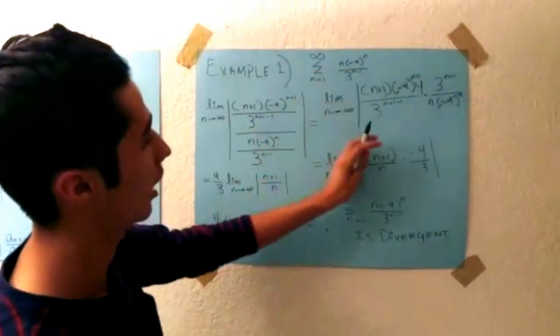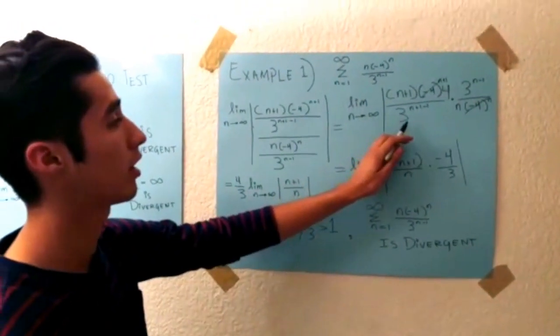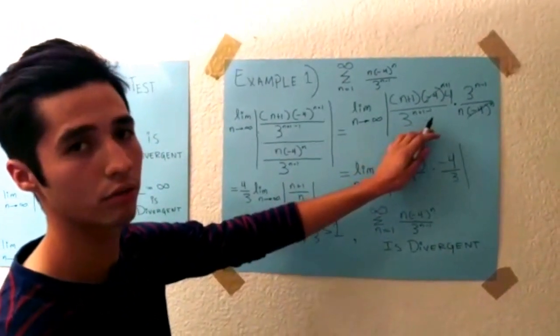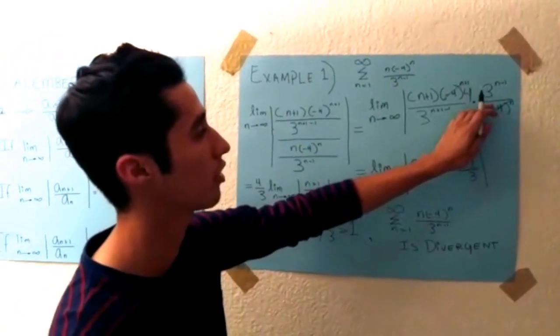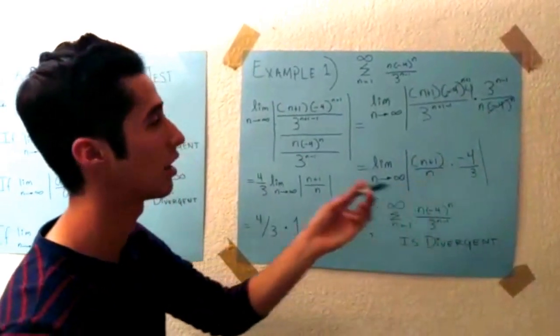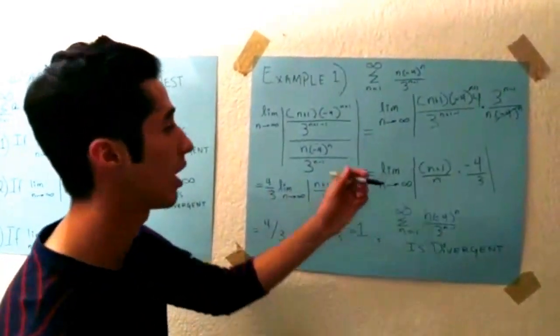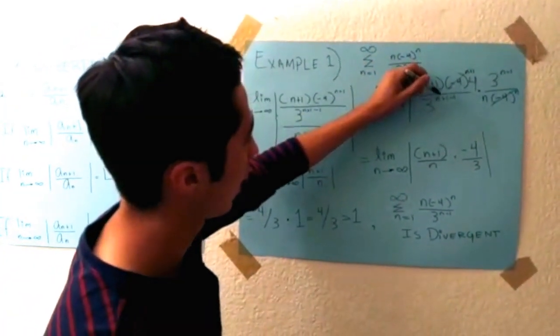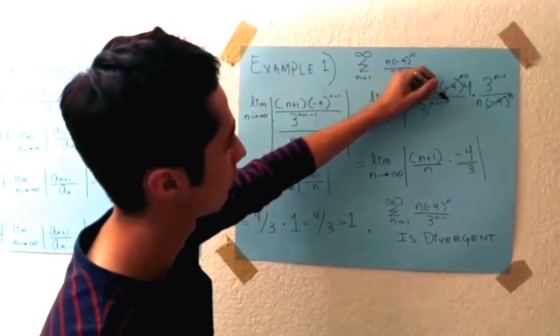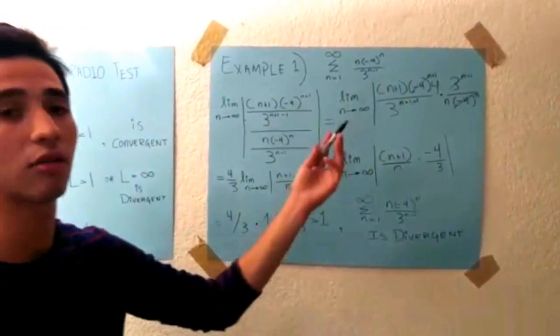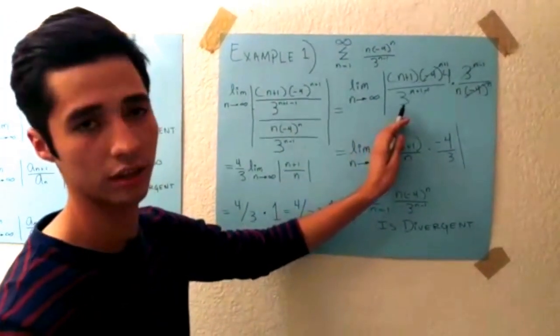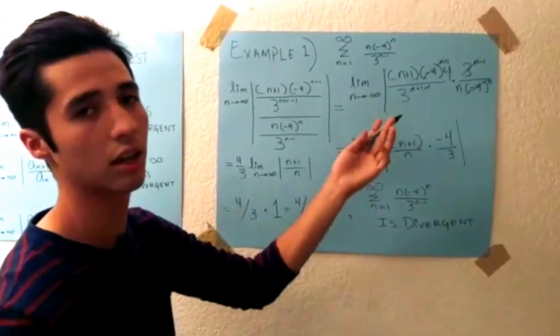Then I have 3 to the n plus 1 minus 1, and on this side I have 3 to the n minus 1. So I can eliminate the n, the minus 1, and this. So now I just have a 3 to the 1, that is 3.